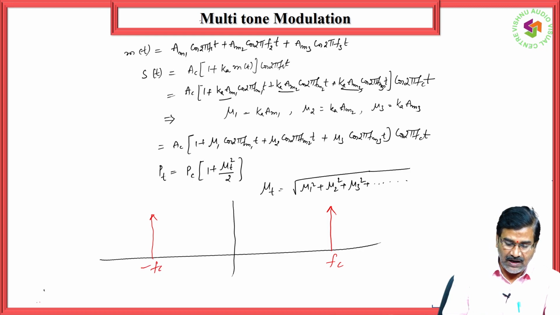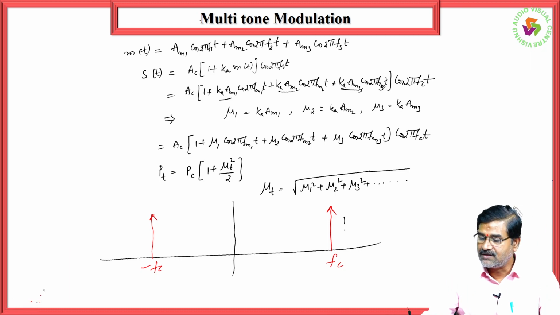Then you will have different components. Let us say this is the fm1 component, this is the fm2 component, this is the fm3 component. Of course, it depends on the amplitude of the signal which you have taken. This is the fc plus fm1 component, this is fc plus fm2, this will be fc plus fm3.